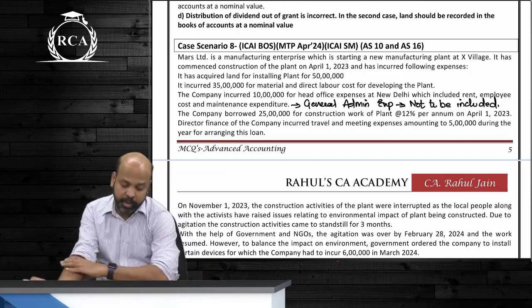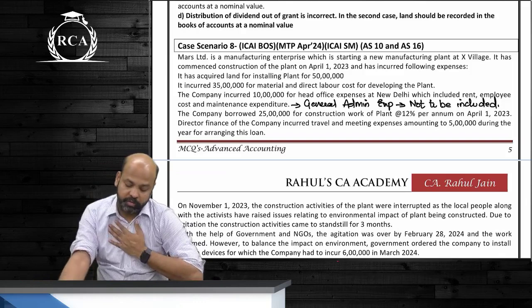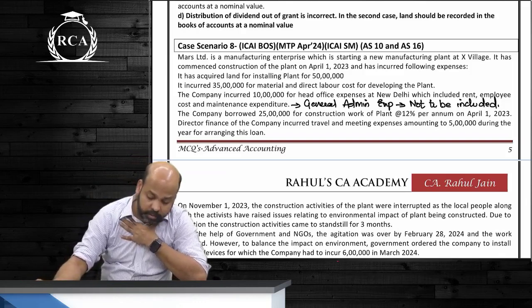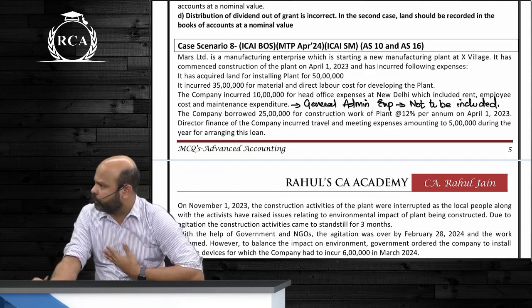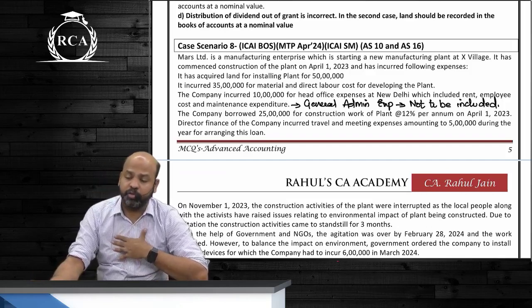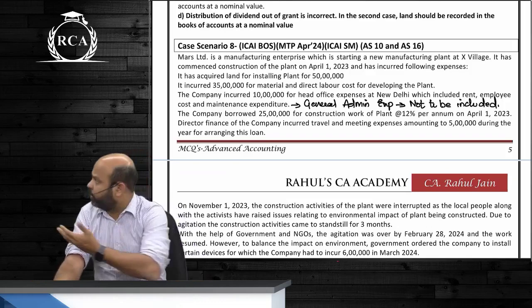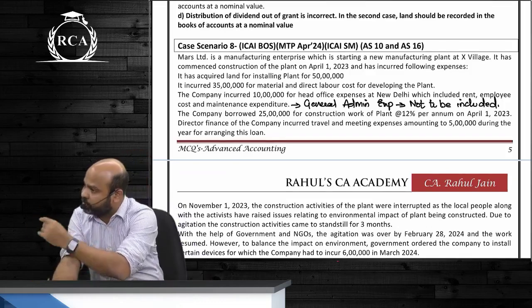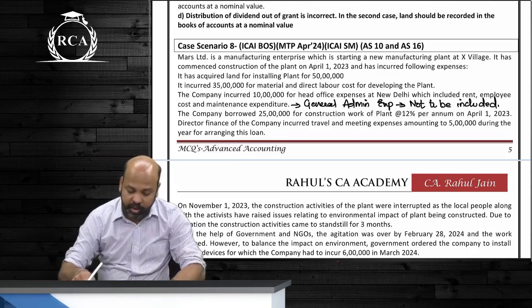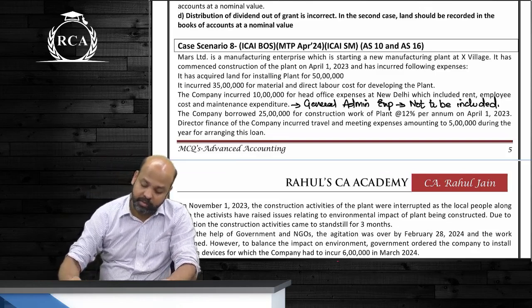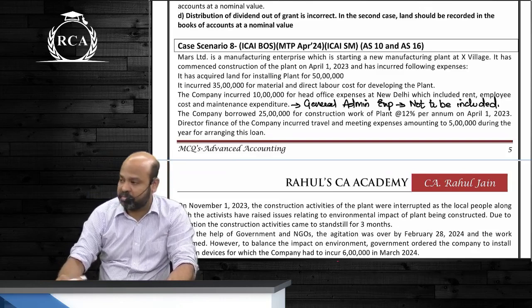Next. Company has borrowed 25 lakh rupees for construction work of plant at 12% per annum, guys, on 1st April 2023. Specific borrowing, guys. If there is a specific borrowing, are you supposed to include interest? Did we start the construction activity also on 1st April only? Yes. Director finance of the company, guys, incurred travel and meeting expenses amounting to 5 lakhs during the year for arranging this loan.